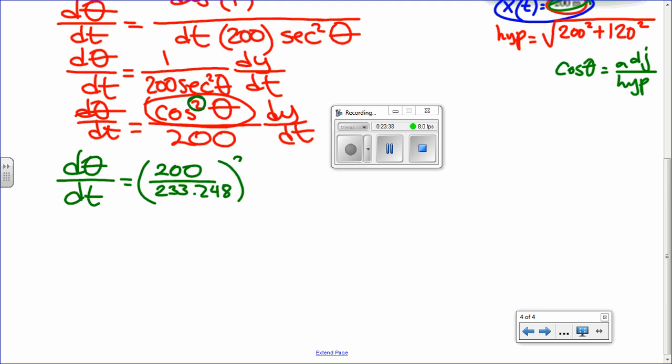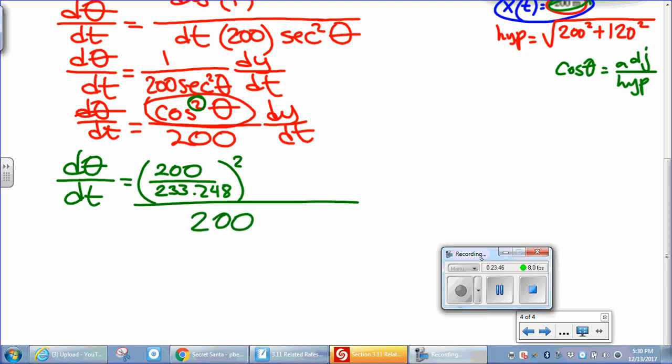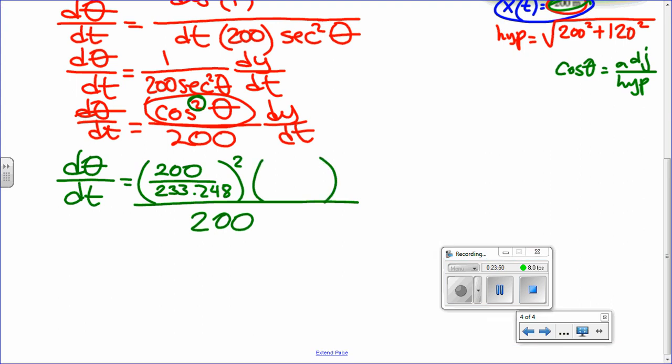But remember, we have to square it. Then we have 200 here on the bottom, and for dy dt, we're going to substitute the constant rate of elevation, which was 4 meters per second. And so 200 is also in meters.